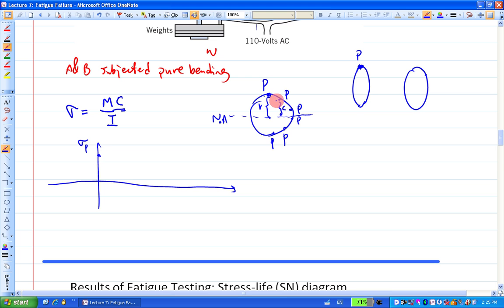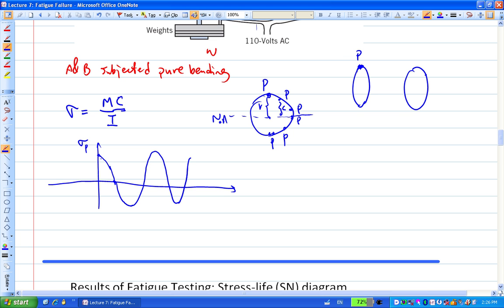When the shaft starts to rotate, the bending normal stress will start to decrease because the C value will decrease. It keeps decreasing until it hits this location, where it's 0. Then it goes negative, over here, and then comes back. So that's the distribution.